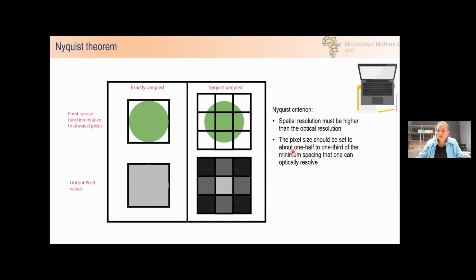Nyquist's theorem says that the pixel size should be set to about 1/2 to 1/3 of the minimum spacing that one can optically resolve, which means if you have a point spread function or expect resolution of about 300 nanometers, the pixel size should be selected as 100 to 150 nanometers. Then you can really represent the point spread function well enough.